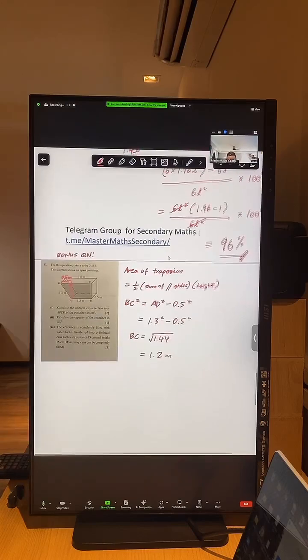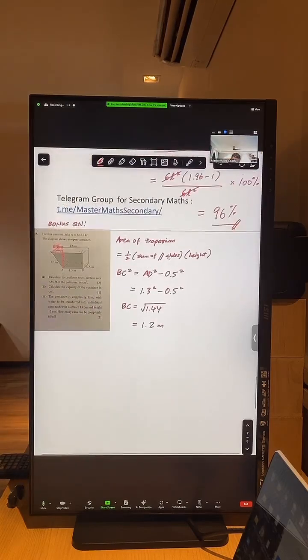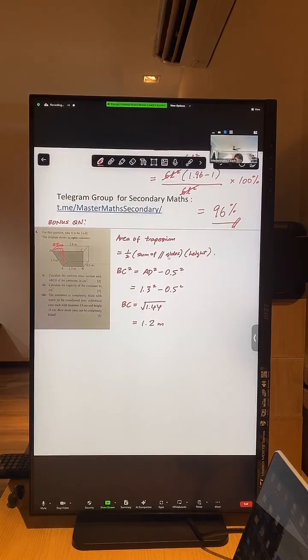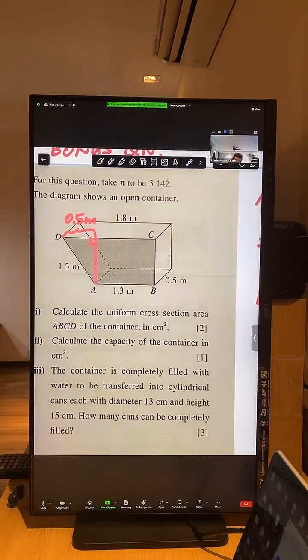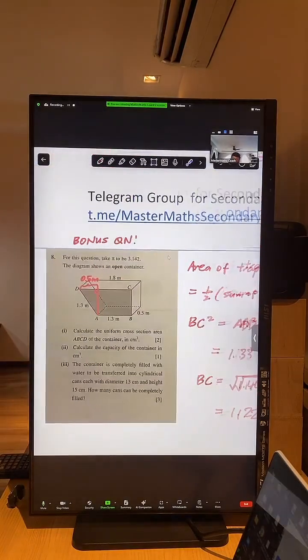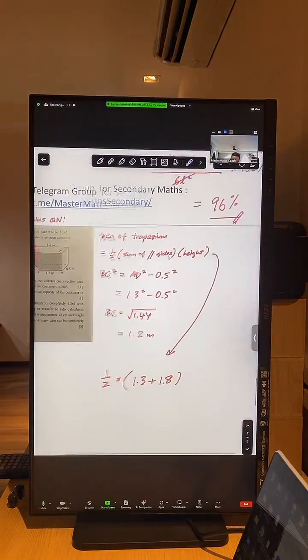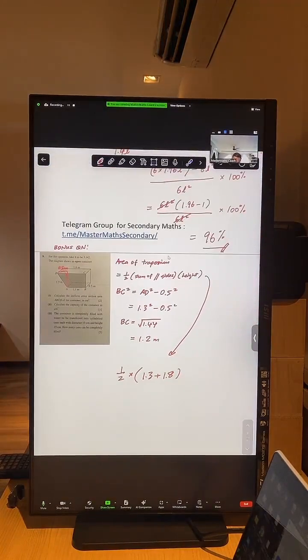So now we go back to the area of the trapezium. This will be half times 1.3 plus 1.8, because the sum of the parallel sides you're talking about 1.3 meters plus 1.8 meters. 1.3 plus 1.8 times 1.2.